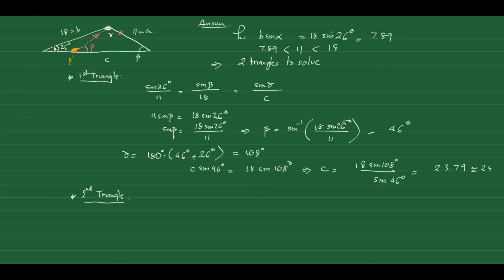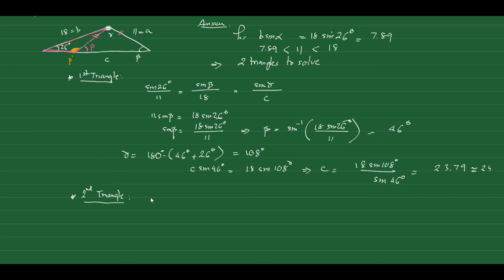This is the second triangle right over here. See that? So I'm going to show the pink triangle. Okay, so we can find beta prime easily, right?